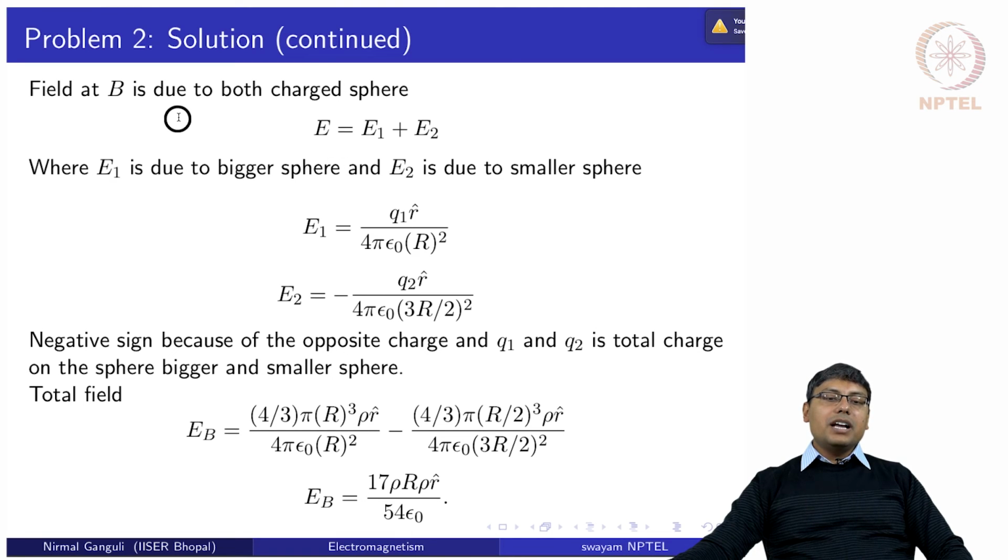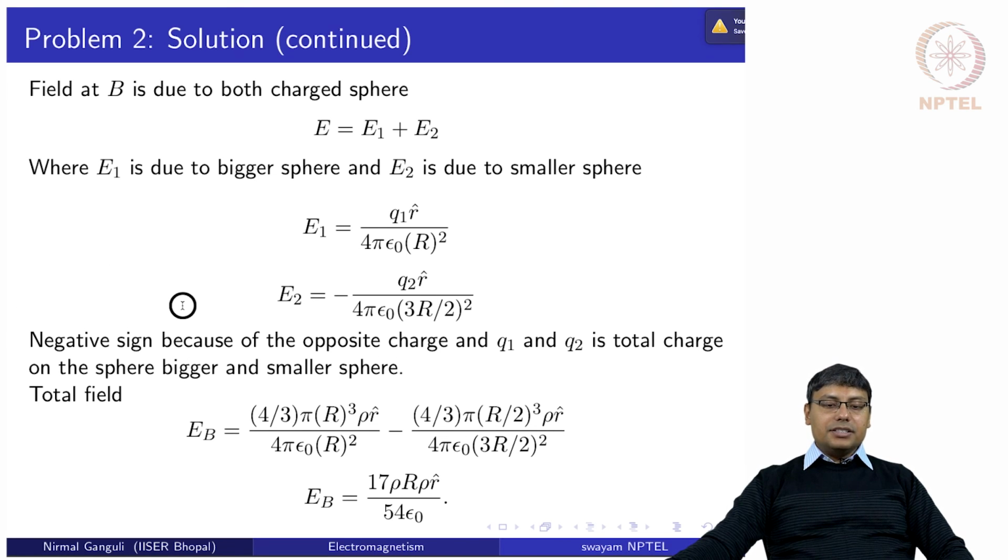And point B will have contribution coming from both spheres. So, there we can have E written as E1 plus E2, where E1 is due to the bigger sphere and E2 is due to the smaller sphere. E1 can be given as Q1 r cap over 4 pi epsilon naught times r squared, and E2 can be given as minus Q2 r cap over 4 pi epsilon naught times (3r over 2) whole squared.